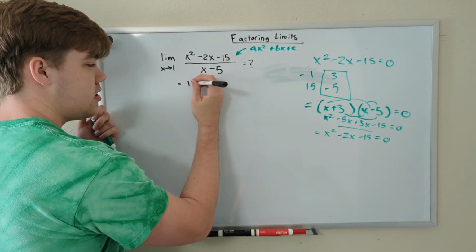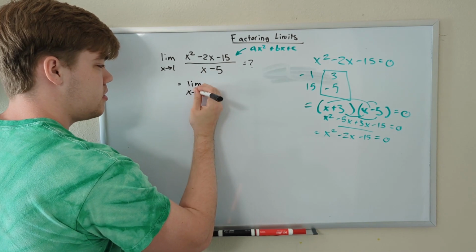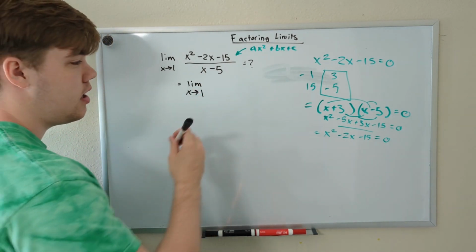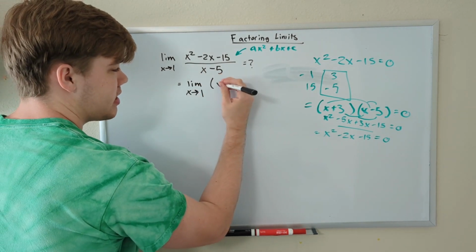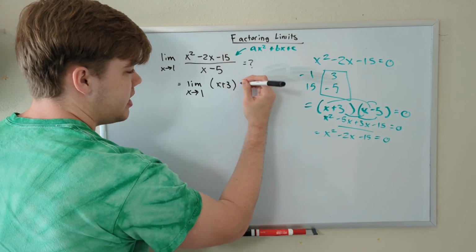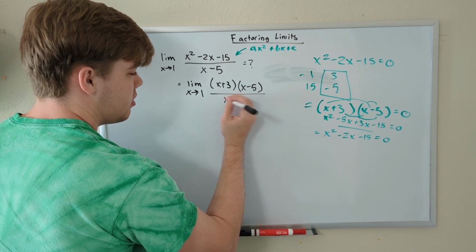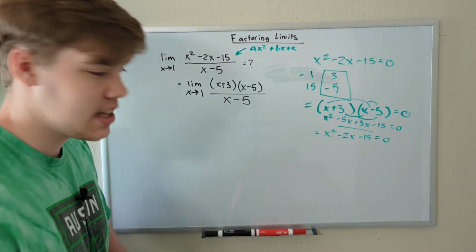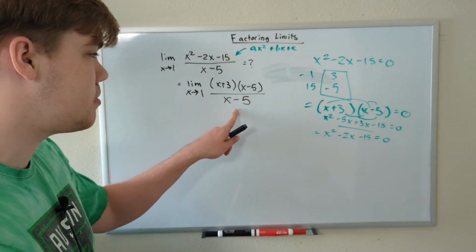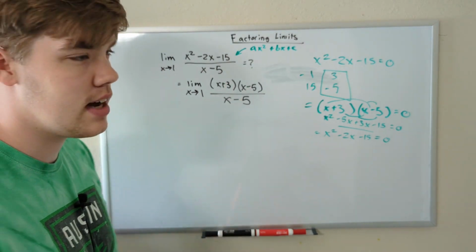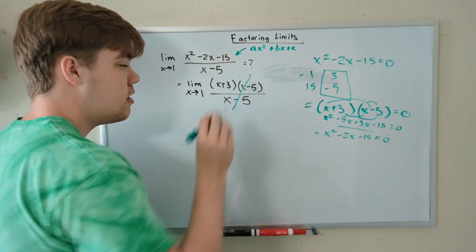We have the limit as x approaches 1 of our two factors, x plus 3 and x minus 5, all divided by x minus 5. And just like last time, you may notice that we have an x minus 5 on bottom and an x minus 5 on top, which means these two cancel out.